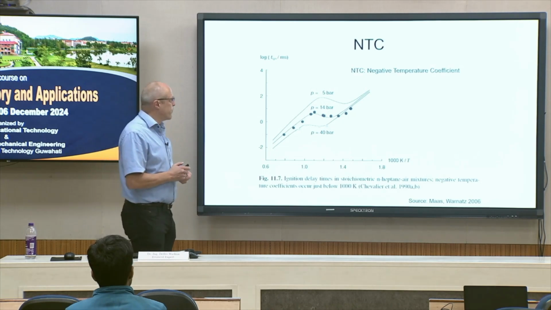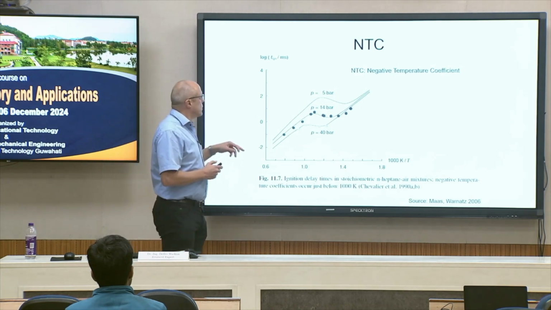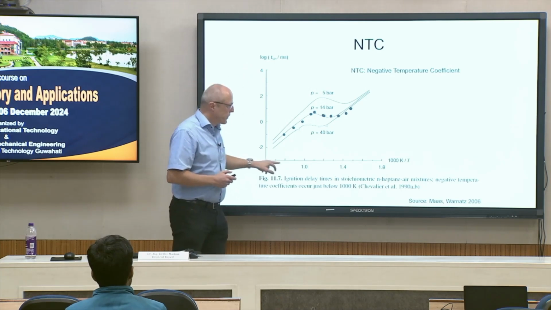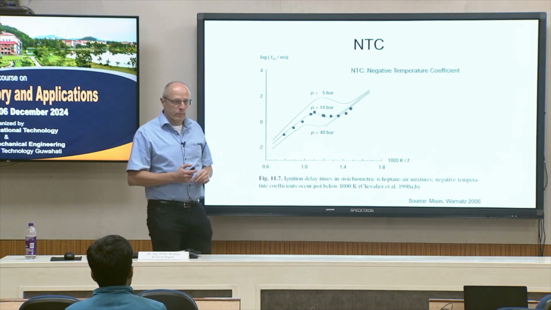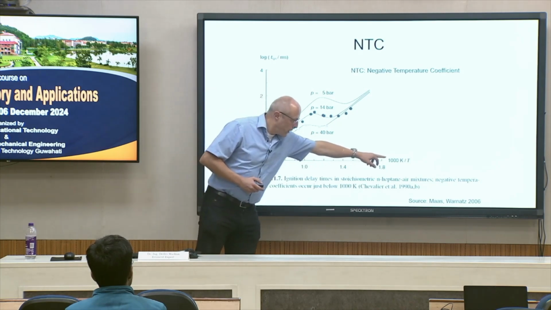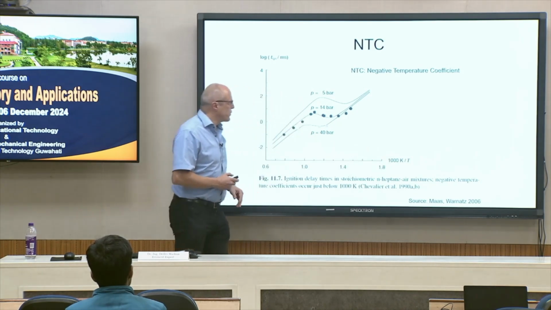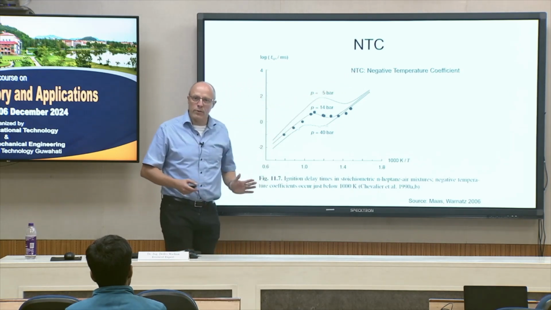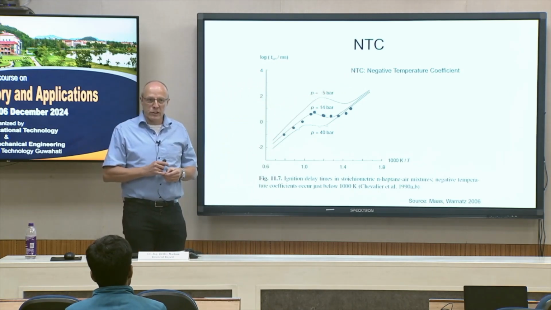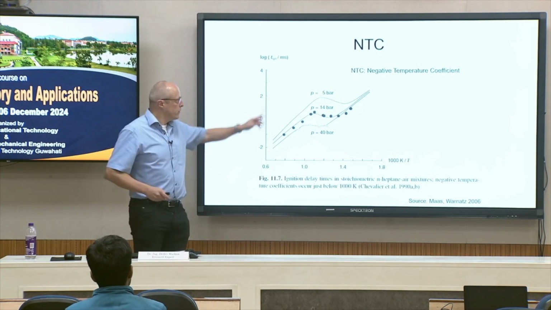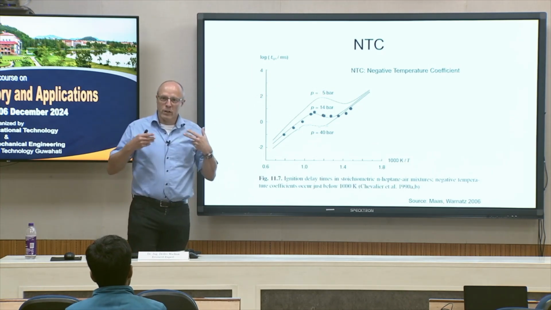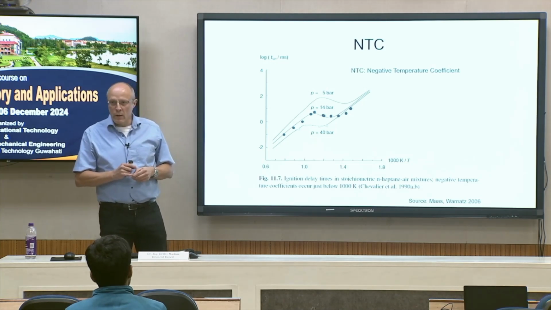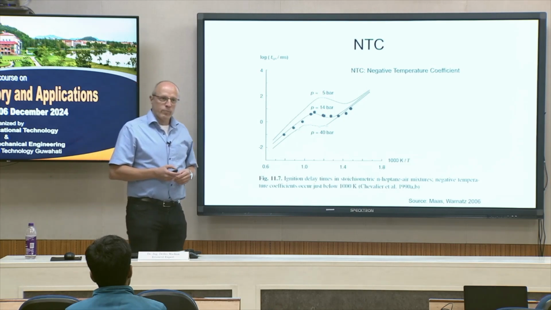So we have a logarithmic dependency of the ignition delay time over the temperature. Here we have 1000 K divided by temperature. So we increase temperature from here to here, and therefore the ignition delay time should decrease, because linearly in this logarithmic scale we would increase our reaction rate in our Arrhenius equation.